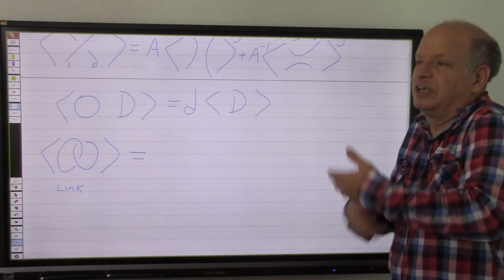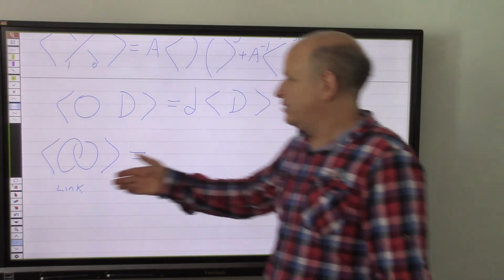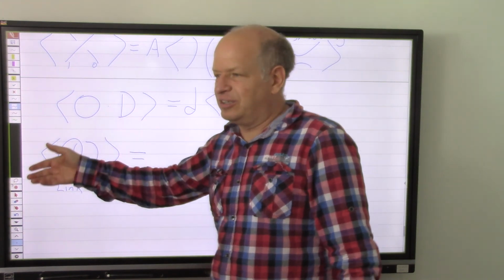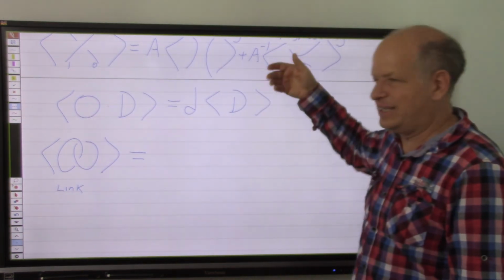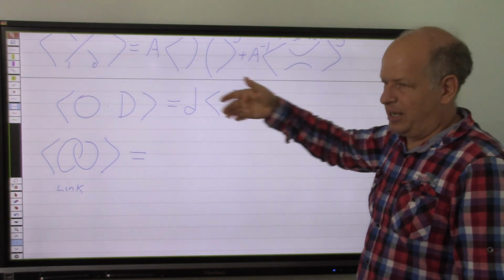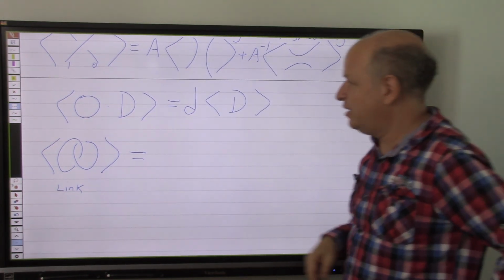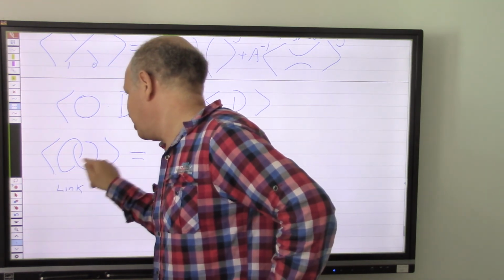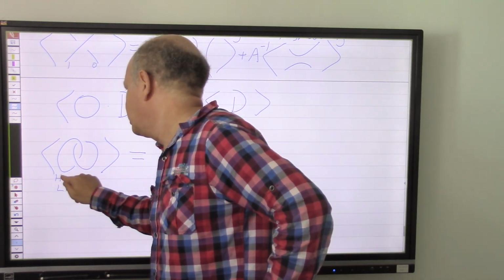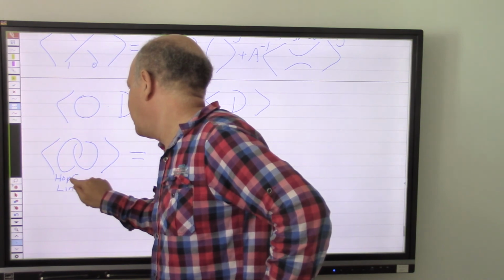Basically, you embed two circles in R3. There is a similar diagrammatic theory with exactly the same Reidemeister theorem to state. And in fact, this particular link is called the Hopf link.